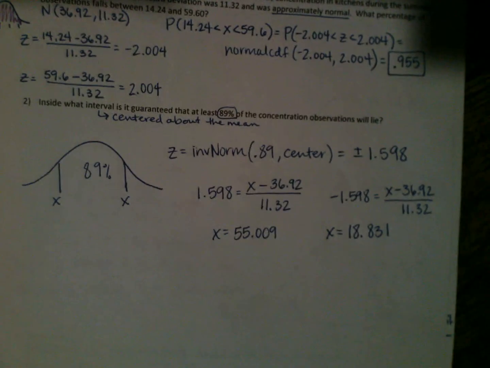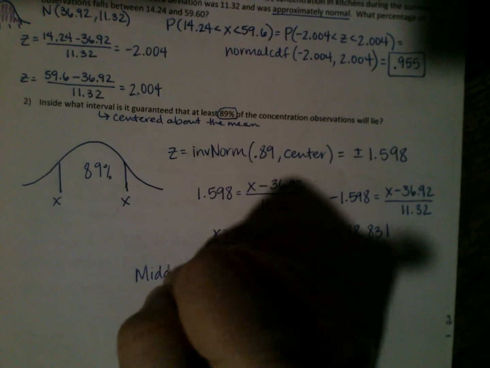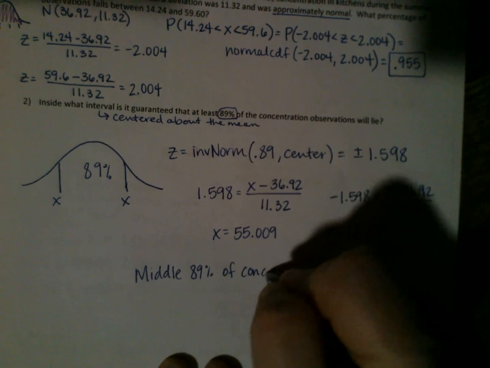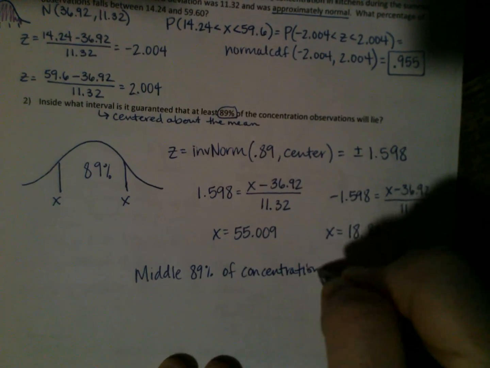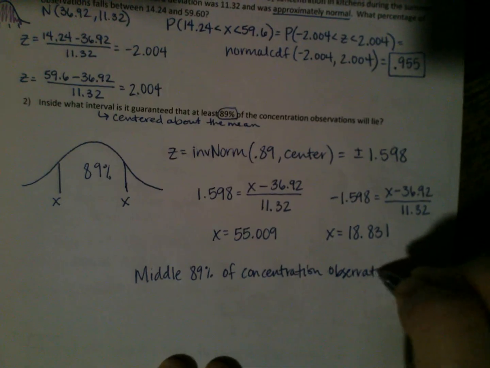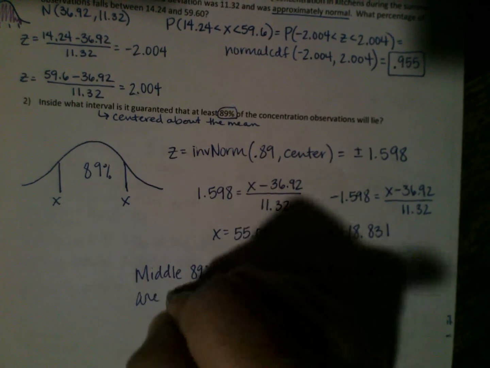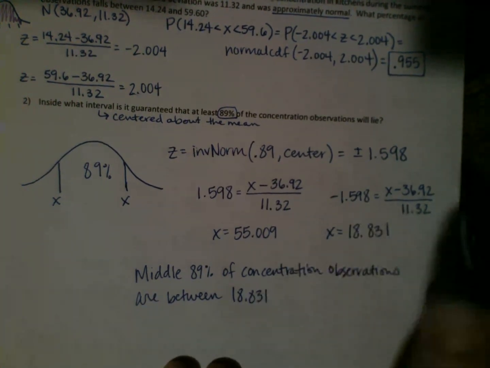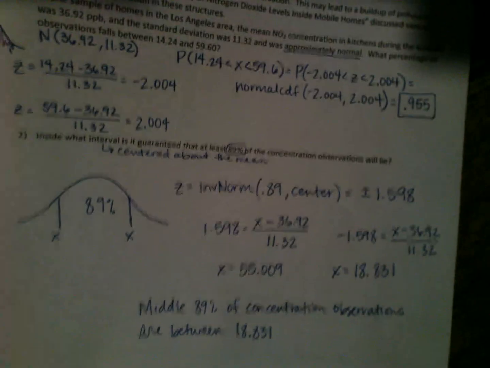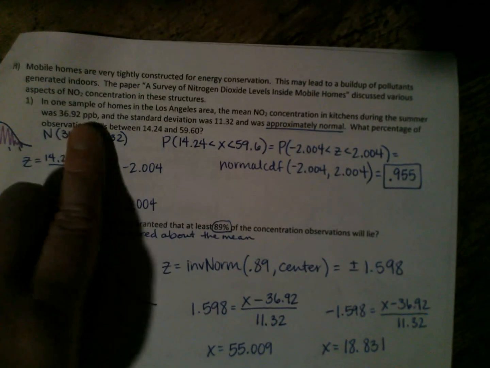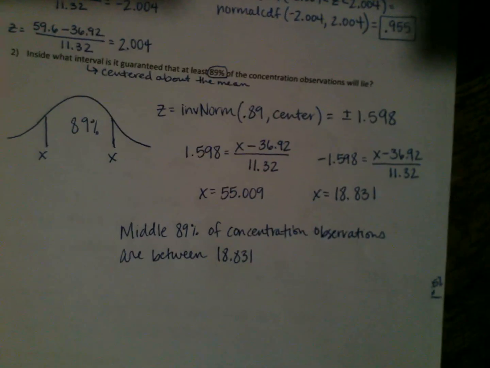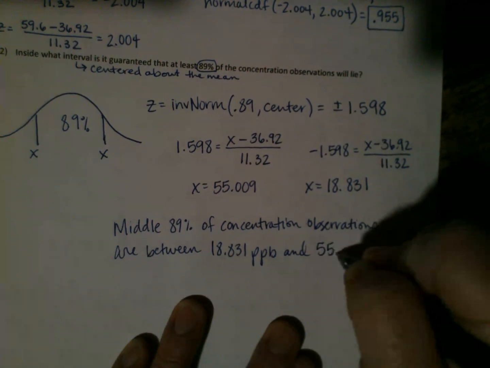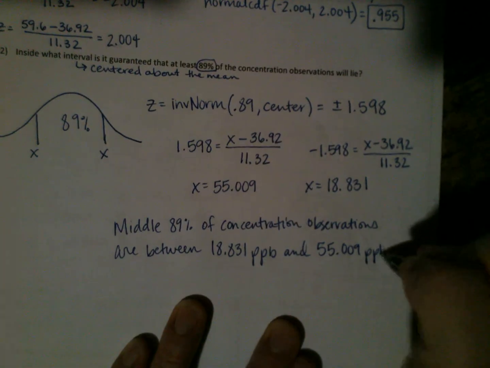So that would tell me that the middle 89% of concentration observations, it's a mouthful, are between 18.831, and these values are measured in the units given up here, ppb, and 55.009 ppb.